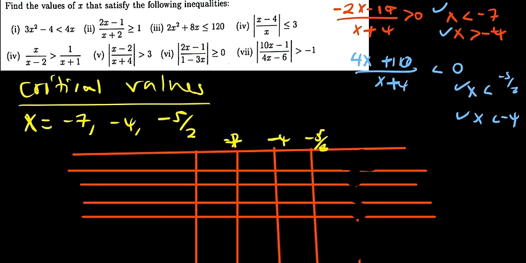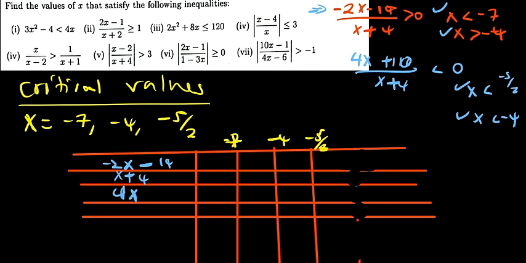Okay, so the first one which we have is x. I'll just copy the way it is here on top, guys. Negative 2x minus 14, then the down part is x plus 4.